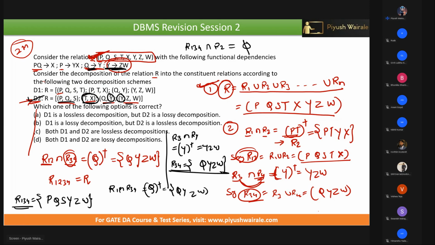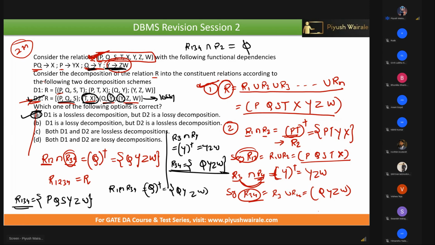So D2 is basically lossy here. Okay. So D1 is lossless, but D2 is a lossy decomposition. That is basically option A is correct here. Okay. So this is how you need to check for a lossless decomposition. In the exam, they will definitely give a 3-4 decomposition like this only.